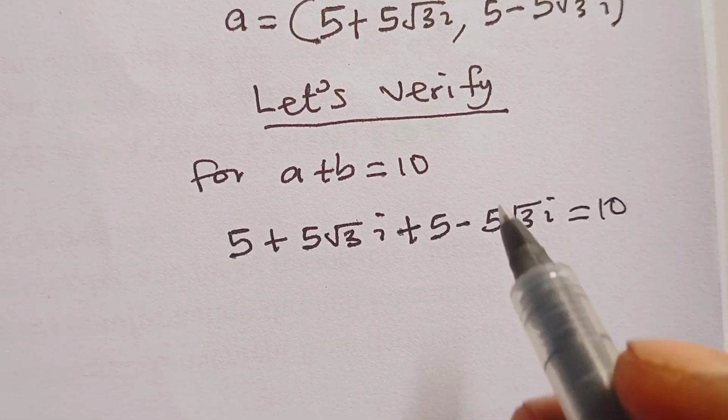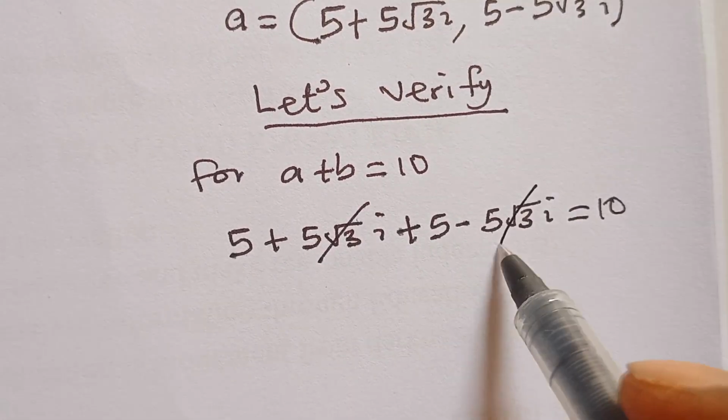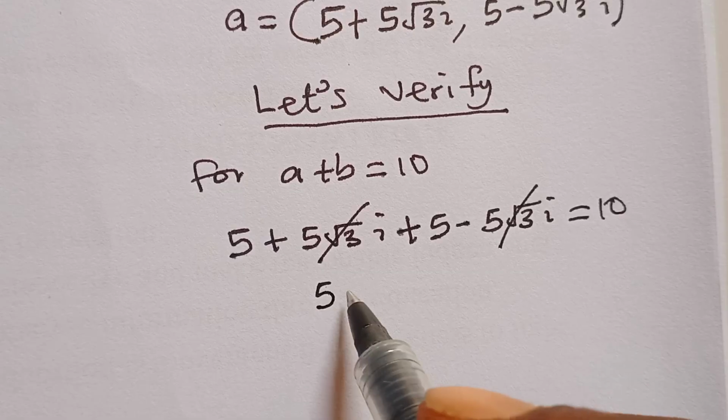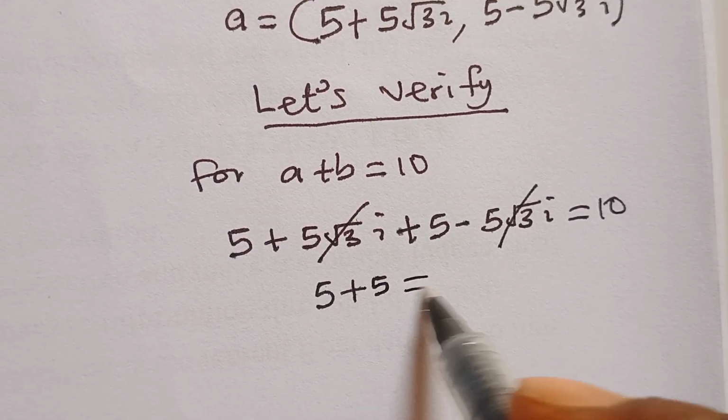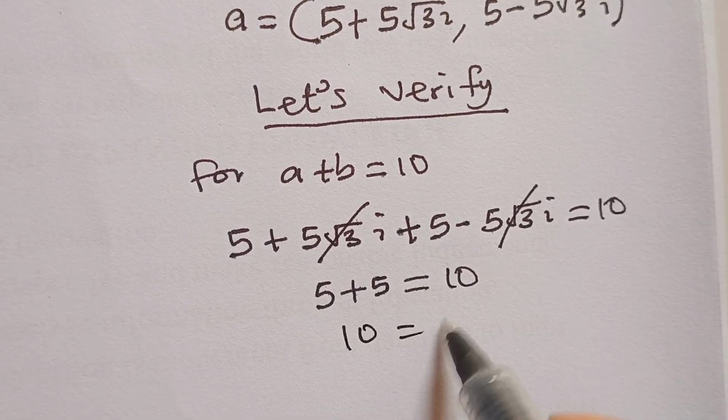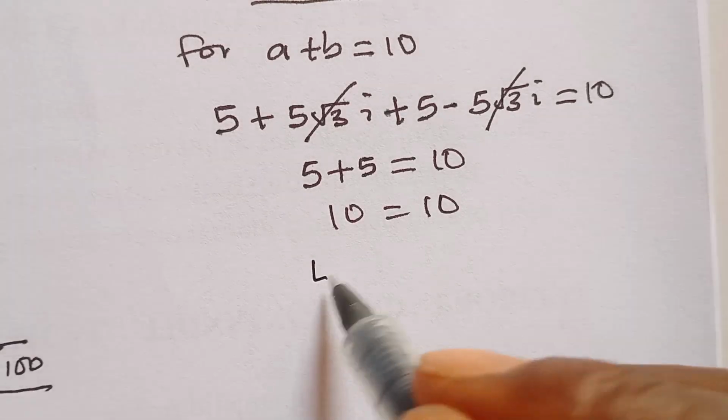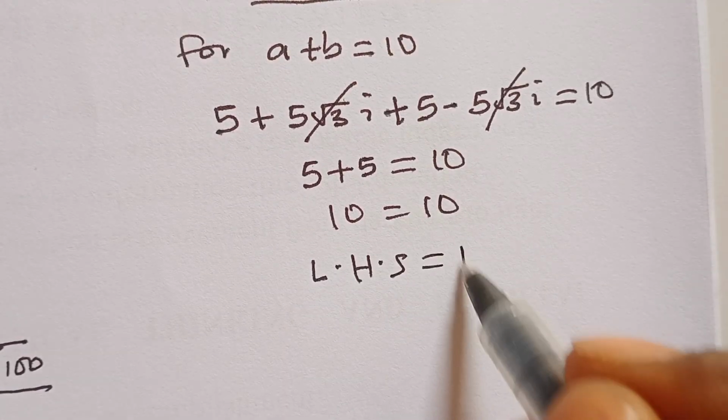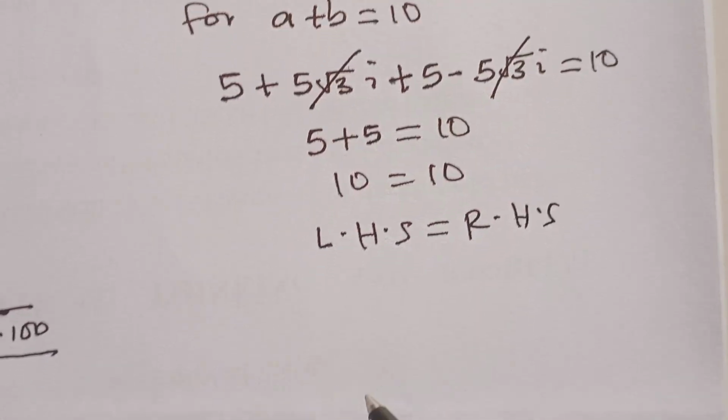So this is what we have: 5 square root of 3i and minus 5 square root of 3i cancel out each other. So we are left with 5 plus 5, which is equal to 10. So left hand side is equal to right hand side for the first equation, which is a plus b equal to 10.